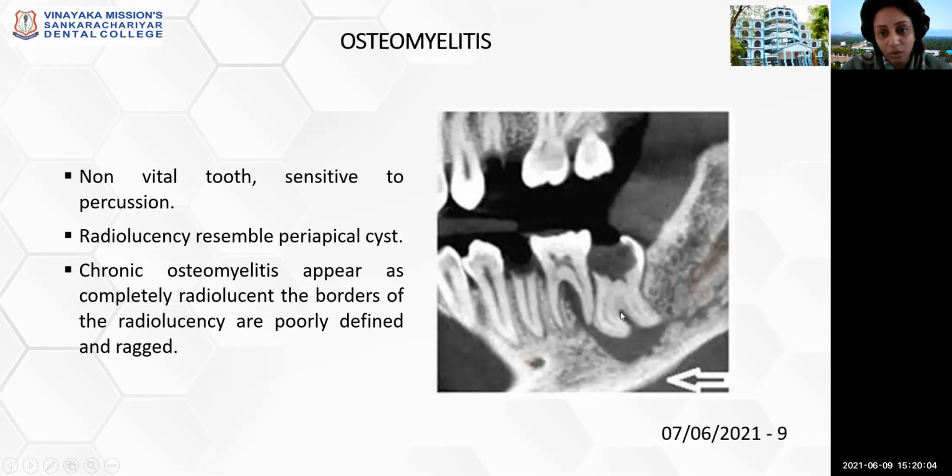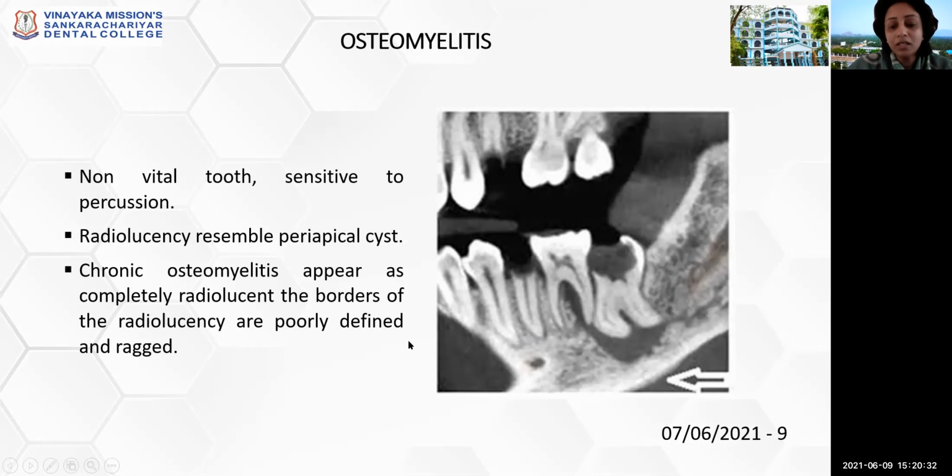And in this radiolucency, you can see the borders to be ill-defined and ragged, which indicates that the infection is spreading through the bone marrow and involving the bone marrow channels. So that is the early stage of osteomyelitis, where the infection is spreading to the marrow spaces and the channels in the bone.